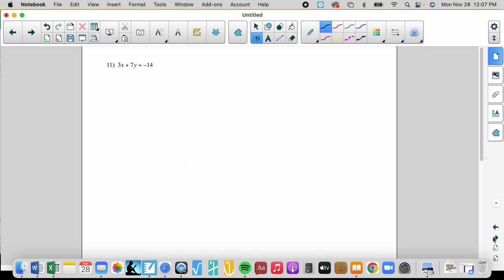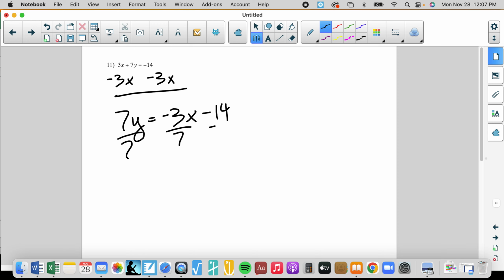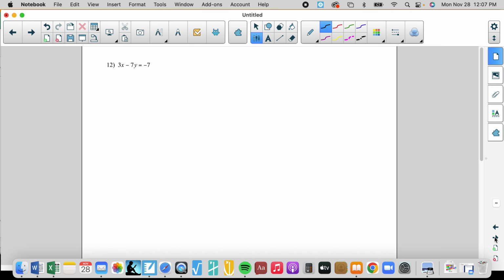Number 11, we're going to subtract 3x. 7y equals -3x minus 14. Divide everything by 7. Y equals -3/7 x minus 2. These are fairly straightforward.